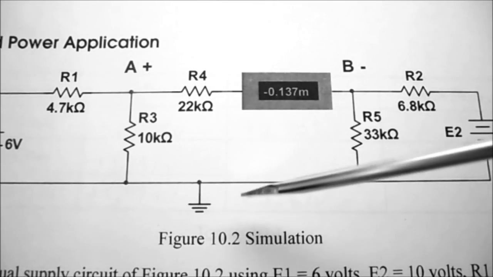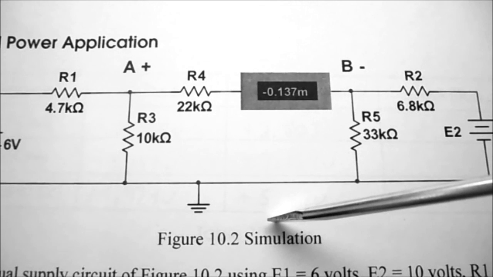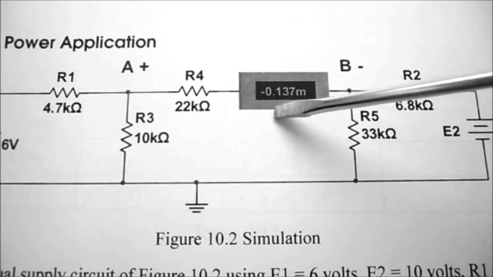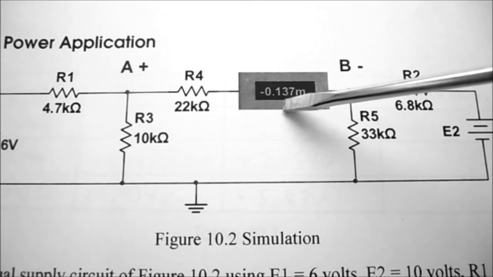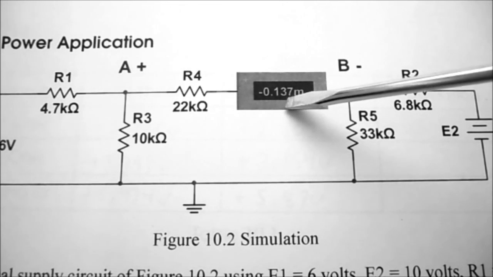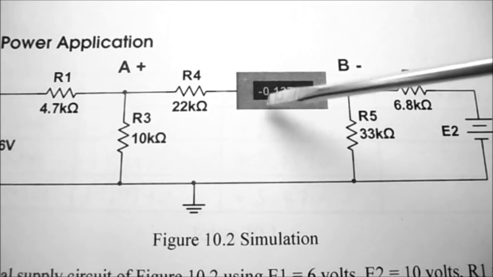So when you look back at figure 10.2 simulation, you can see Multisim has given us a reading of minus 0.137 milliamps, so that's 137 microamps, and it's negative.